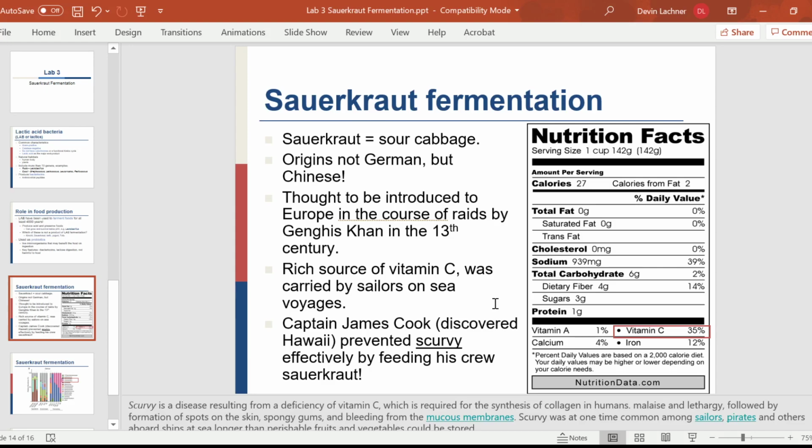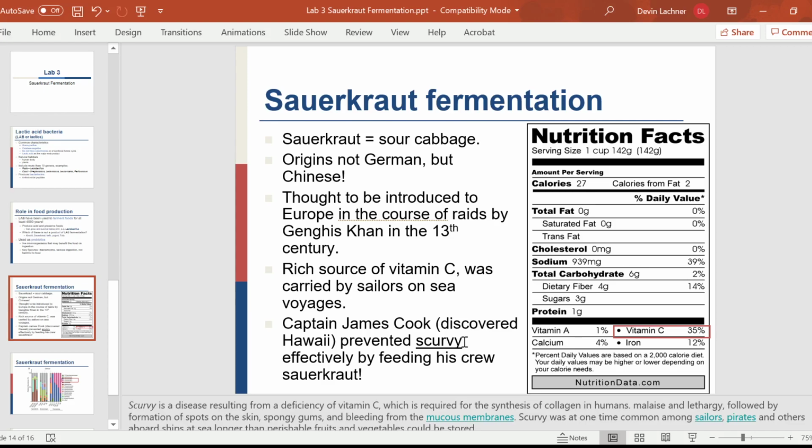stored for long times, so this is a perfect dish to take for sailors, because typically the fruits that are a high source of vitamin C are going to perish and not survive a long journey that sailors would typically be taking. So, sauerkraut was a really popular dish for sailors and pirates because of its ability to prevent scurvy, okay?